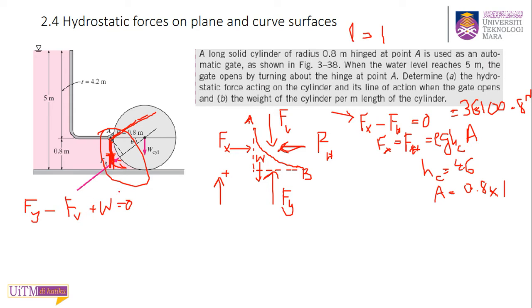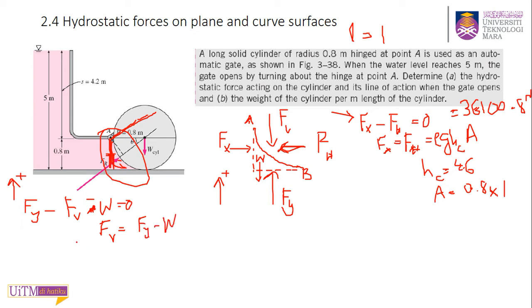Oh, minus W. That's why please remember to put where your positive is. So this is Fy going up is positive, minus Fv, minus W. If you have this wrong, then you will get the wrong answer. So rearrange back: Fv equals Fy minus W.